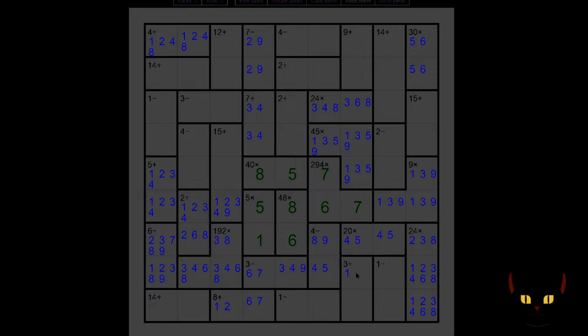Divide by 3, you get a 1, which gives you 3, which gives you a 9, gives you a 6, and a 4, just you up to 12, which is too big, 5 doesn't work, 6 and 2 go together, 7, 8, 6.